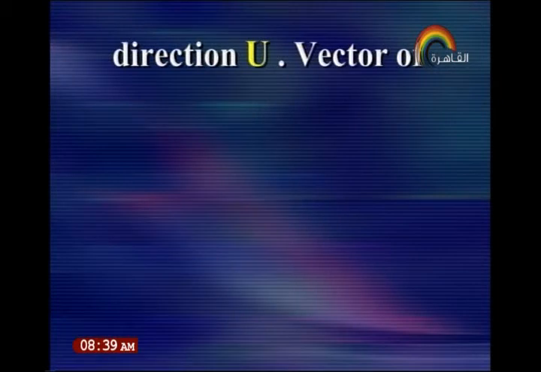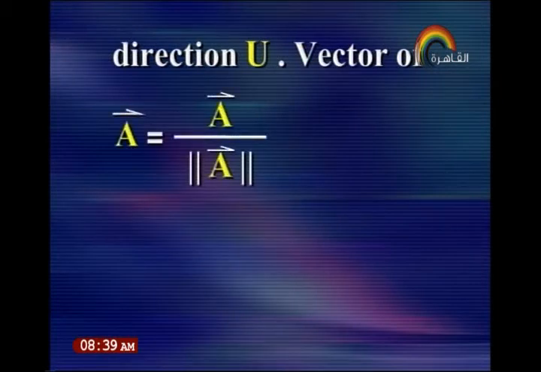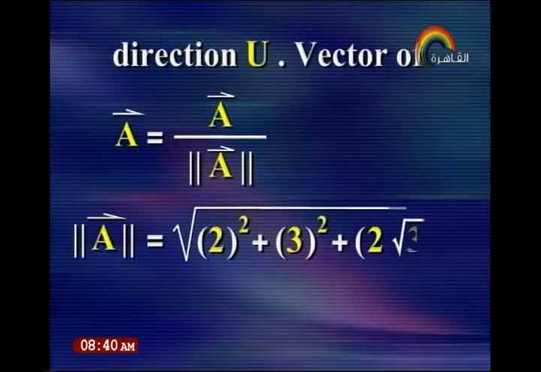What is the unit vector? The unit vector in the direction of A equals the vector A over the norm of A. By substitution, the norm of A is the square root of 2 squared plus 3 squared plus (2 root 3) squared, which equals 5.